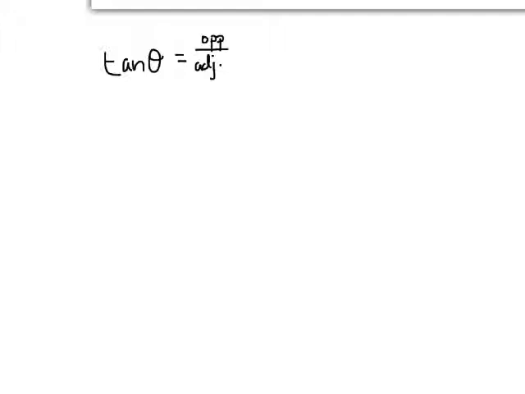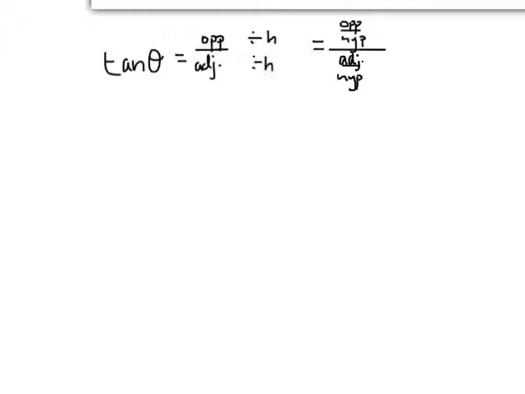Well, opposite over adjacent is O over A. If I take this opposite and I divide by H, so if I divide the top and the bottom by H, I'm allowed to do that, because as long as I do it on both top and bottom, I've done a valid move. So now I get opposite over hypotenuse over adjacent over hypotenuse.